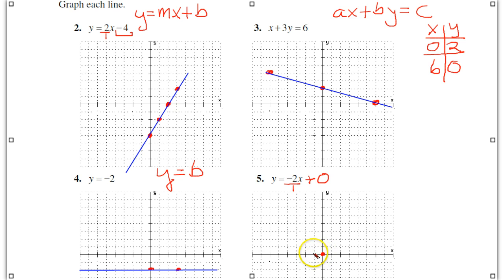So we go over 1 to the left and up 2, over 1, up 2, over 1, up 2. I'm just getting some more points here. In MATLAB, you only need 2 to make a nice line. All right, so there's our first 5 examples.